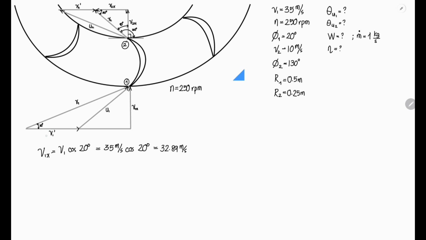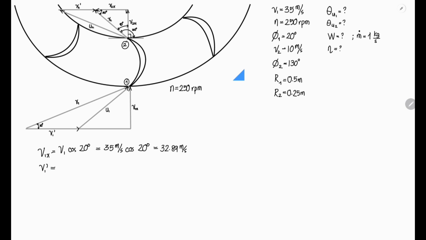So, mula rito, ima-minus natin yung ating V1 prime. But first, let's try to determine what is our V1 prime. So, V1 prime is the linear velocity of our angular velocity. So, meron tayong binigay na RPM, which is 250 RPM, and binigyan din tayo ng radius. So, using these values, we can determine the linear velocity of the angular velocity at point 1.